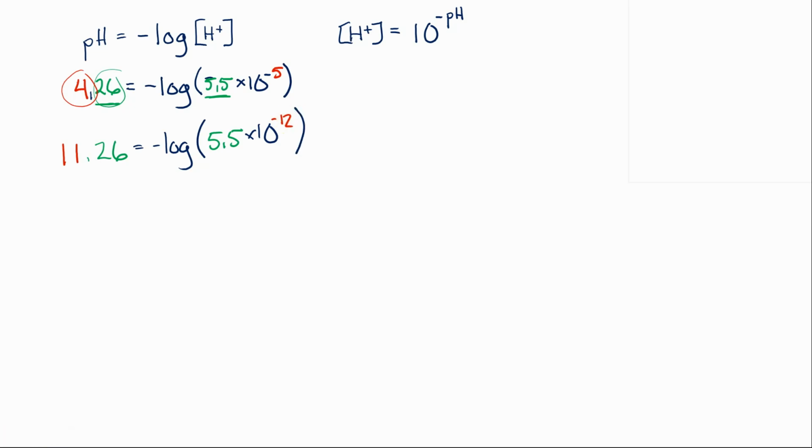So in this case, the numbers before the decimal point describe that exponent, and the numbers after the decimal point relate to the number. So maybe that helps you remember 2 sig figs in the concentration is 2 digits after the decimal point in the pH.